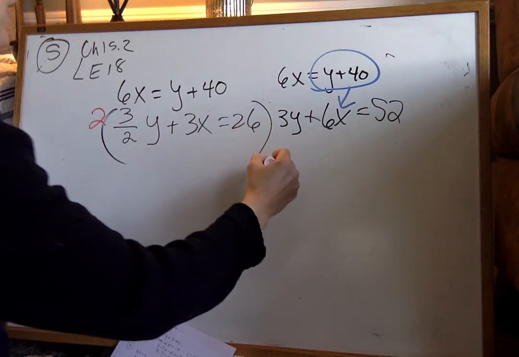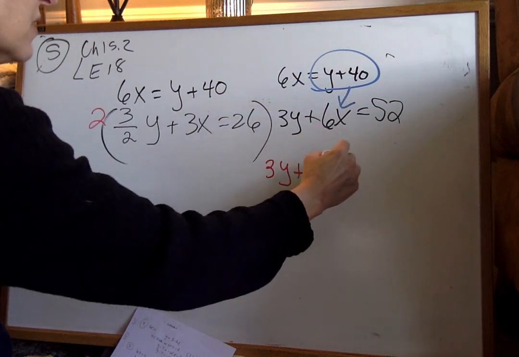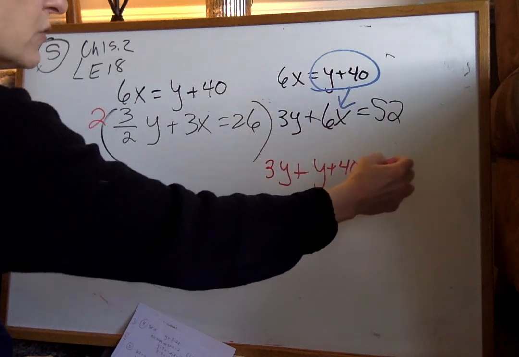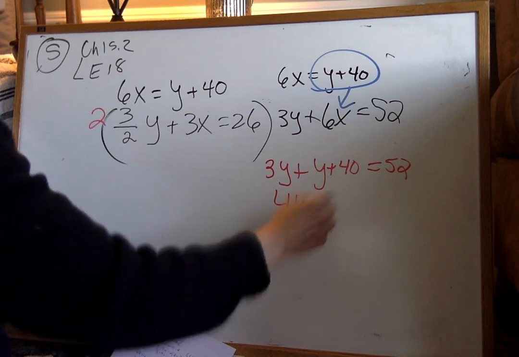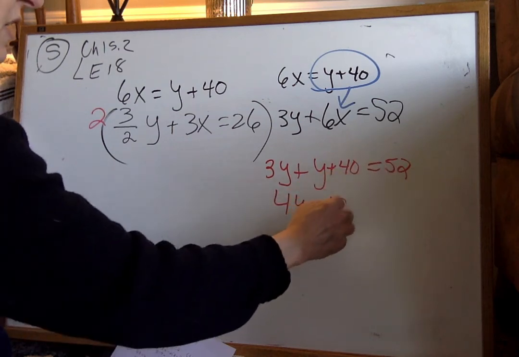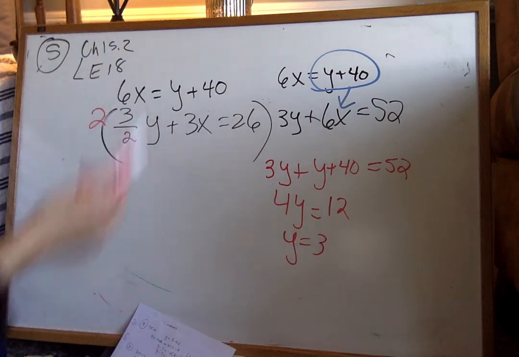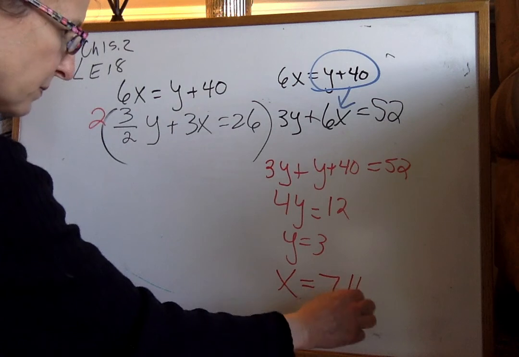So I've got 3y plus y plus 40. I just substituted that in, equals 52. 3y plus y is 4y. How about we subtract the 40 from both sides? So y equals 3. Put that in wherever you want. Don't think you got the wrong answer.